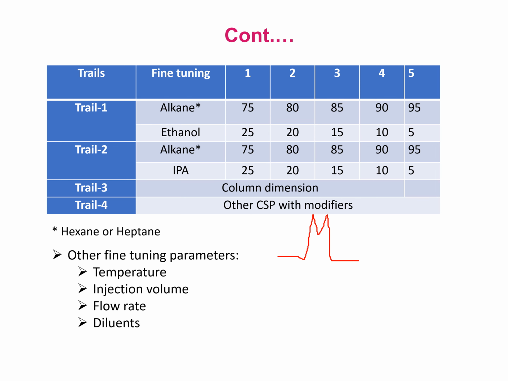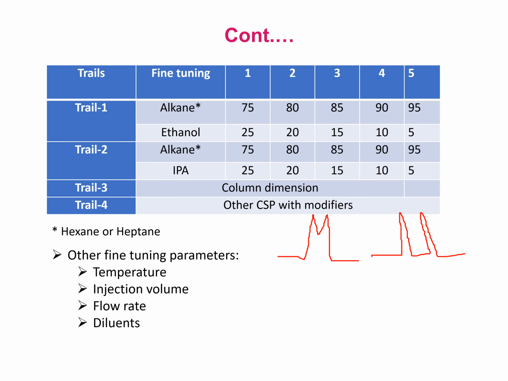In that case, the ratio of ethanol can be reduced from 25 to 20 if required, then 15, to get baseline separation of the isomer peaks. Definitely there will be baseline separation.